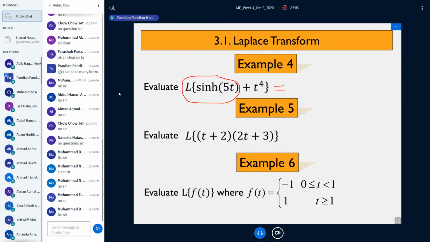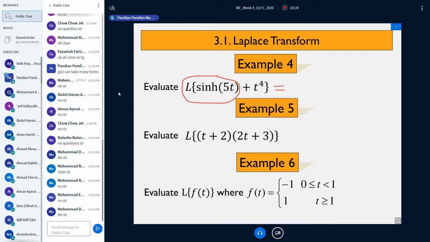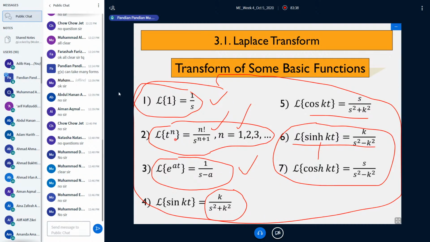So you go back to the table, this one, and you substitute k with 5. Write down k with 5. So you have 5 over s squared minus 25. So you already found it. Your answer is 5 over s squared minus 25 plus Laplace of t power 4. Your n is 4. You go back to the table, n is 4.